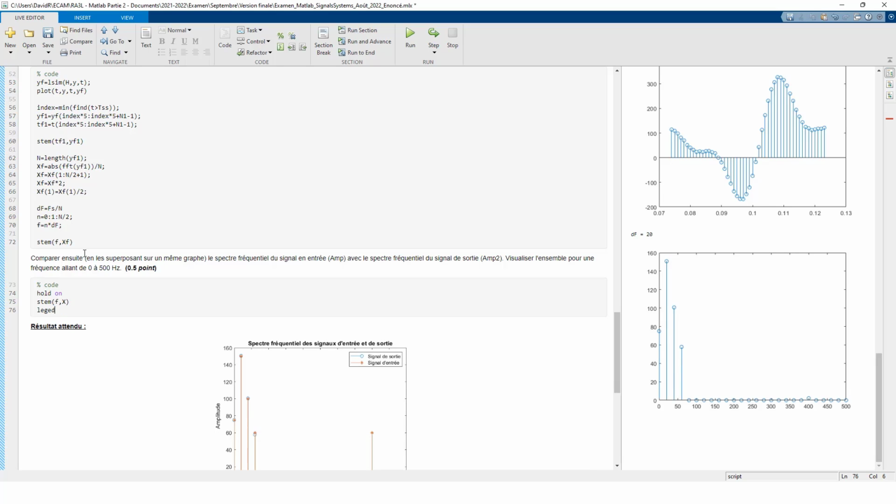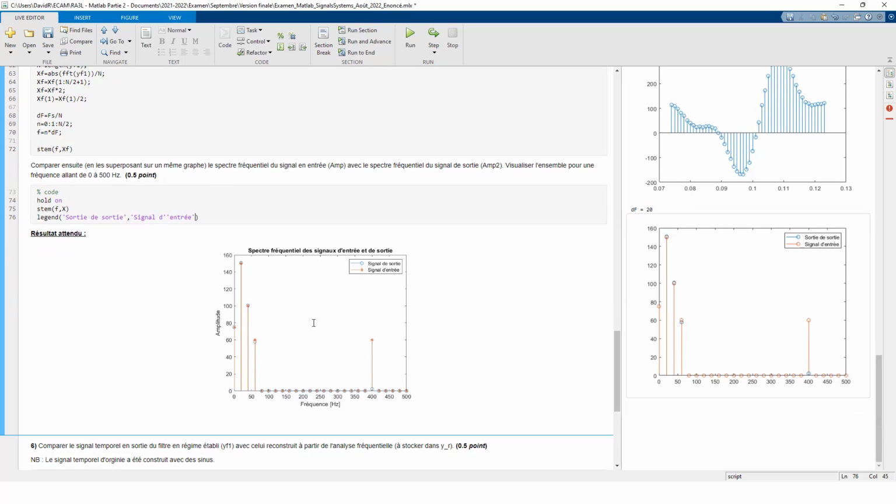Je vais pouvoir peut-être ajouter une légende pour que ça soit plus clair, en précisant que le premier signal, c'est celui de sortie du filtre et que le second signal, c'est le signal d'entrée. Et en venant superposer les deux, voilà ce qu'on obtient. Vous voyez que les premières raies ne semblent pas être affectées, ou pas beaucoup en tout cas, et puis la dernière raie, c'est la 400 Hz sur laquelle on a eu une atténuation plutôt marquée qui a été appliquée.